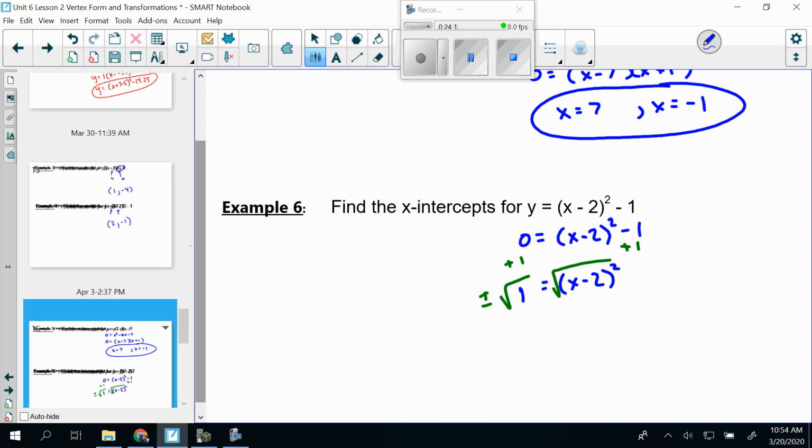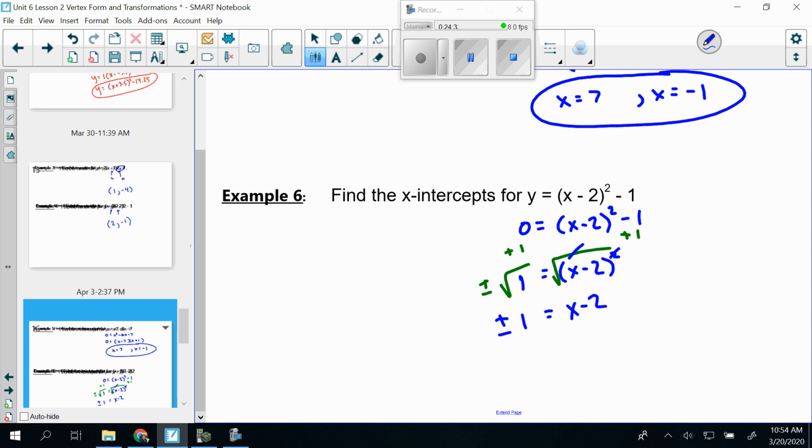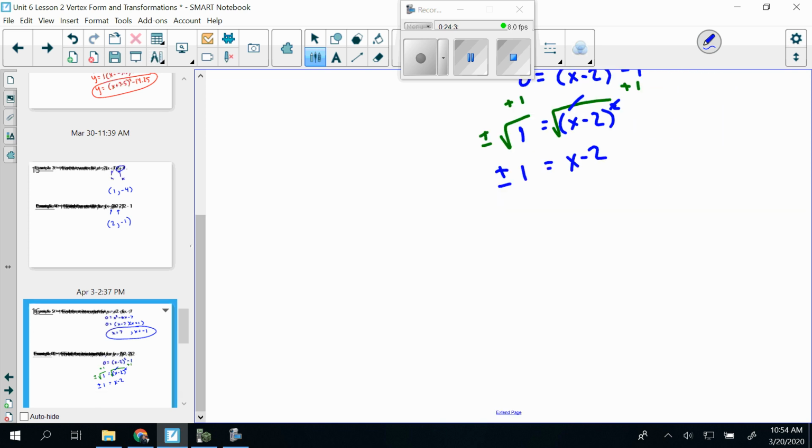What we have left on the right side is x minus 2, because the square root and the square basically undo each other. And here the square root of 1 is 1, so plus or minus 1. To finish this, you want to solve that out. If you have something minus 2 equals positive 1, or something minus 2 equals negative 1, what do you get when you solve?